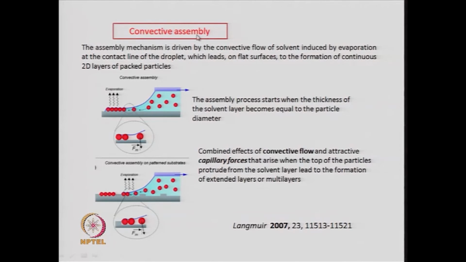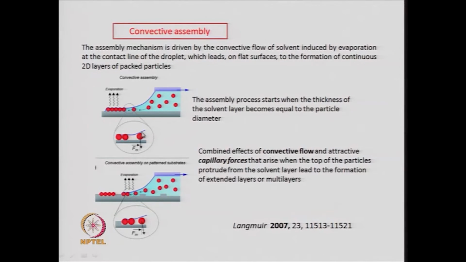So, this is convective assembly, where you have a flat surface and you have particles in a solvent. Now, the solvent flow, which is called the convective flow, along with the particles, is driven by the evaporation of the solvent.